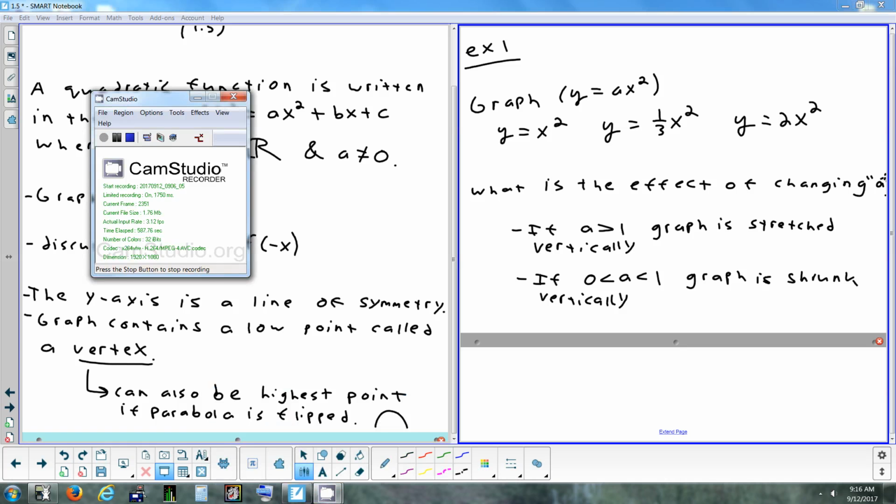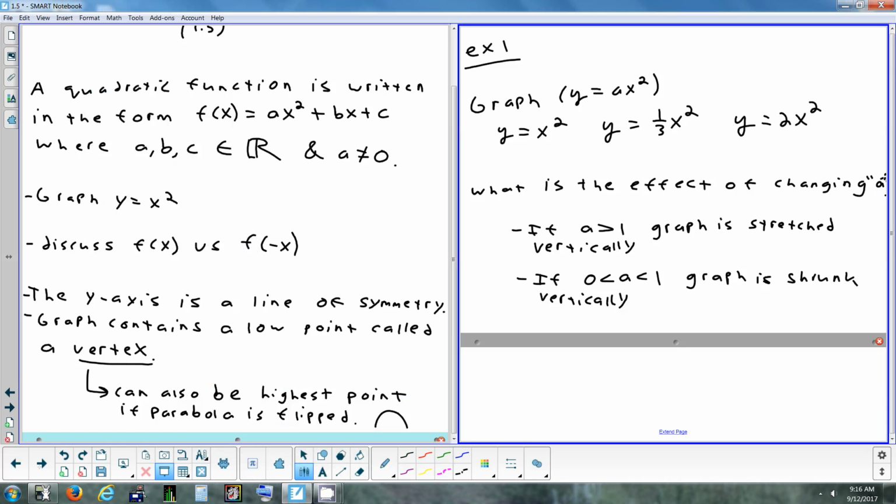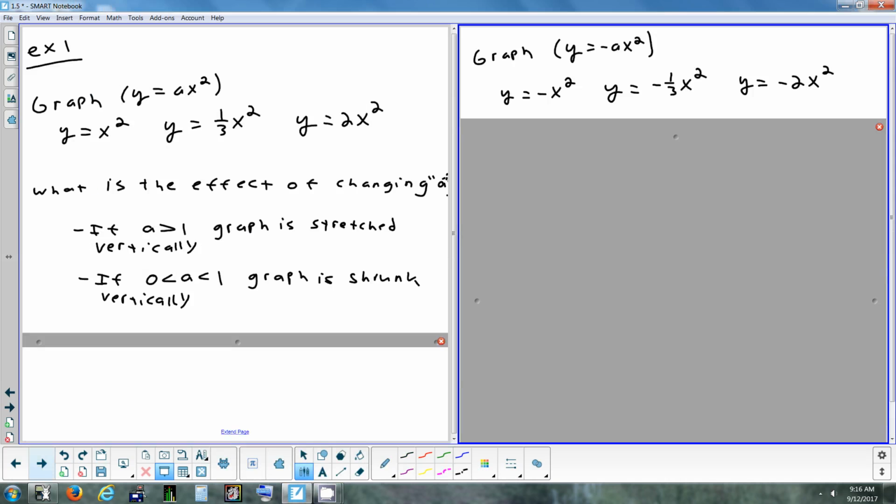Any questions on what putting a number in front of x squared does? Either a number bigger than 1 or between 0 and 1. Actually, I already did it with you, but what was the effect of putting a negative in front like that? It caused it to flip. And which axis does it flip over if you put a negative in front?